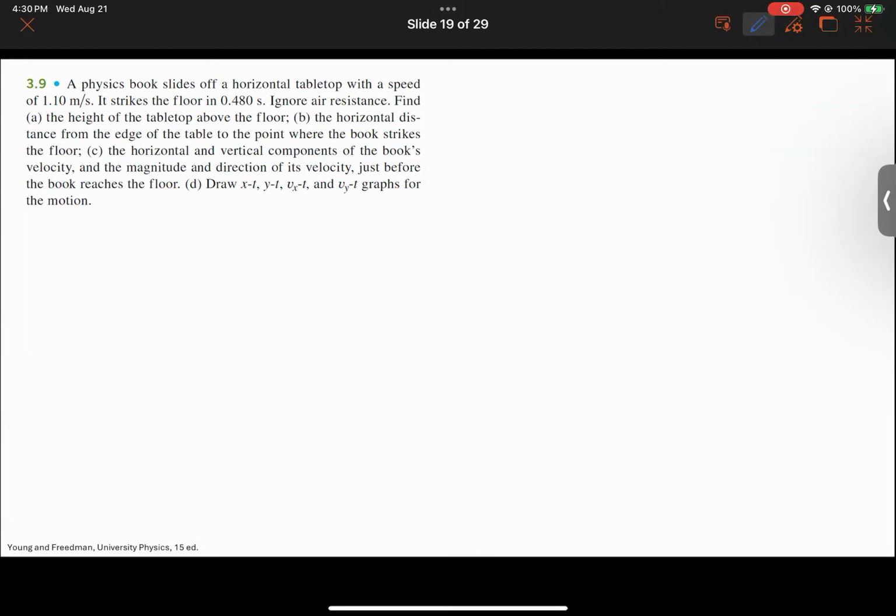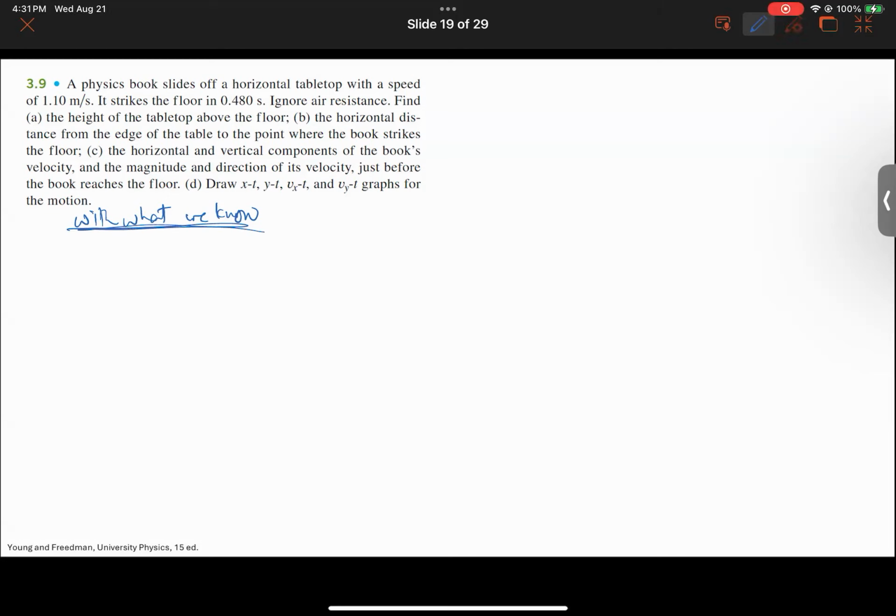Again, where do we start? With what we know. First, one of the things we know is how the book behaves.